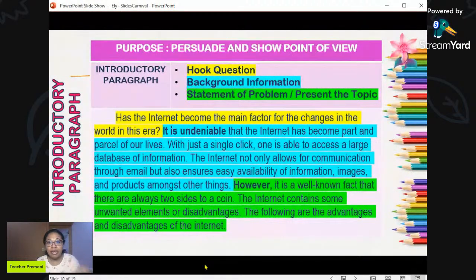That's why planning is important. Think about the hook question. Think about the background information. Think about the statement of problem. Only these three elements should be in this introductory paragraph. So you don't memorize the essay. I hate the word memorize. Understand. These are the three elements for the first paragraph.